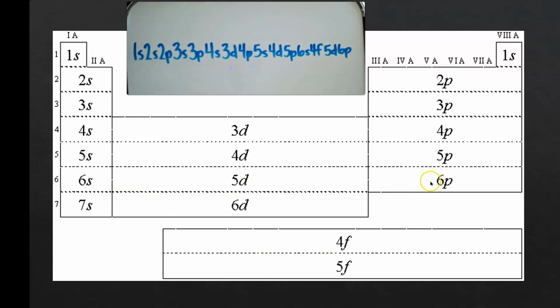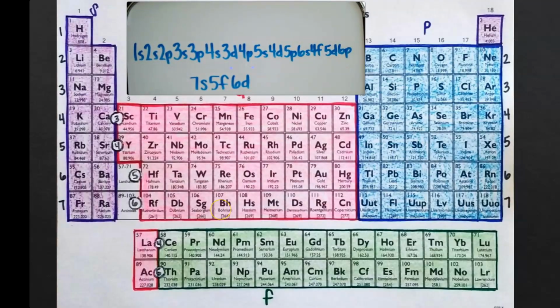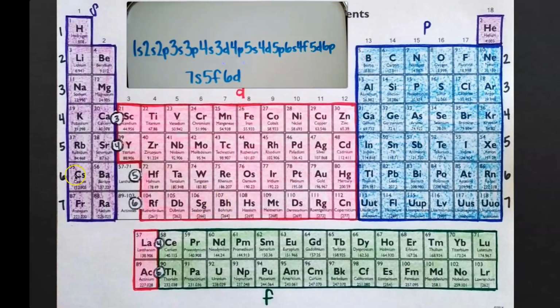And so what I'd like you to do is predict how this is going to go in period 7. We know it's going to start with 7s. What would come next? After the S block comes the F block, 5f, and finally 6d. So adding this to the periodic table that I had already colored in for you, I have put the numbers of the principal energy level of that block, and you'll see I inserted the 3 here.